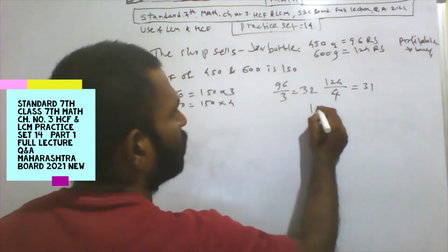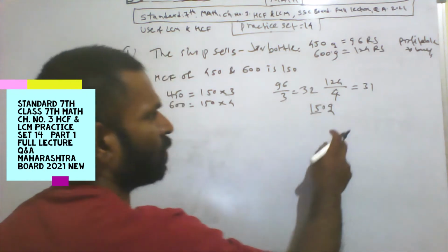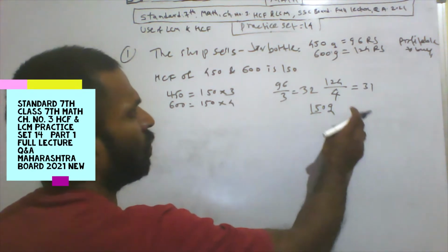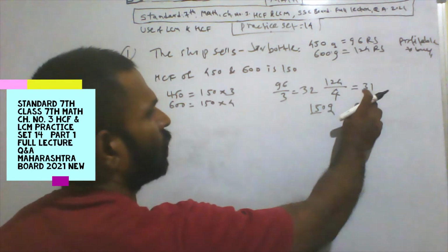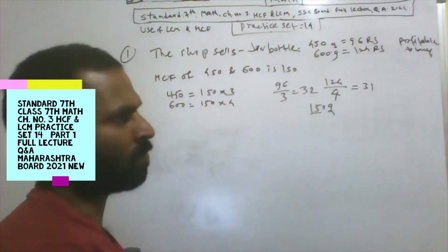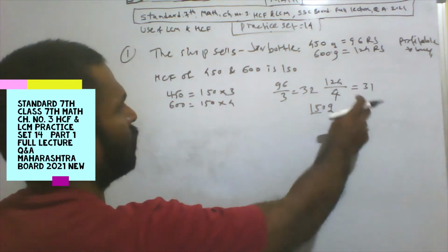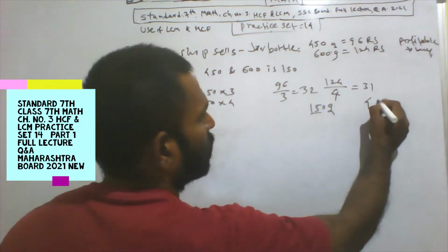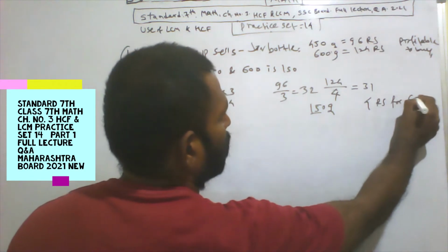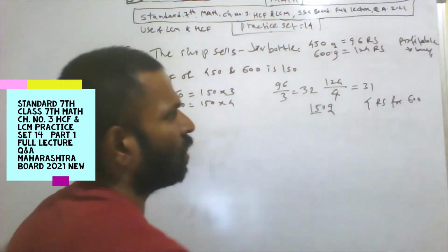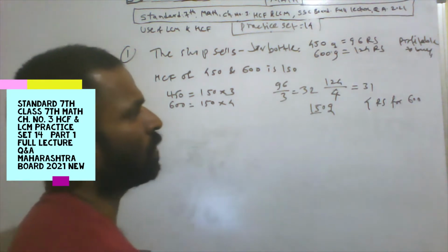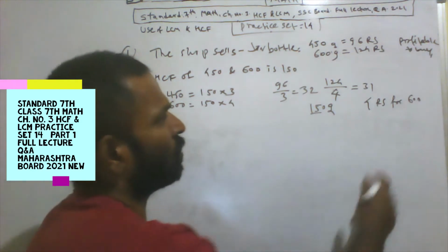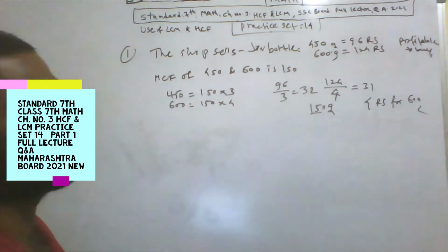So for 150 gram the jam price is 32 and 31. If you save 1 rupee per 150 gram in the 600 gram bottle, then we save 4 rupees on the 600 gram jam bottle. So it is more profitable than the 450 gram bottle.